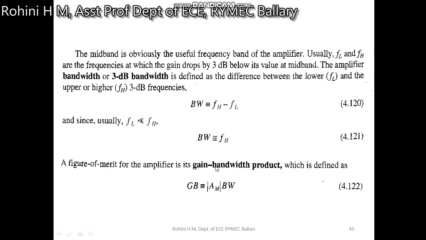Then the figure of merit, gain bandwidth product, is defined as gain into bandwidth. This product is given by the magnitude of the mid band gain AM into its bandwidth.